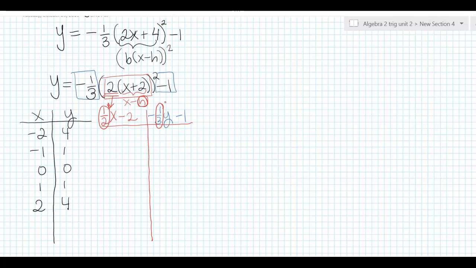So we have 2 compressions. One's vertical because it's happening to y values, and one's horizontal because it's happening to x values. So we're going to list a horizontal compression by 1/2, and we're going to list a vertical compression by 1/3.